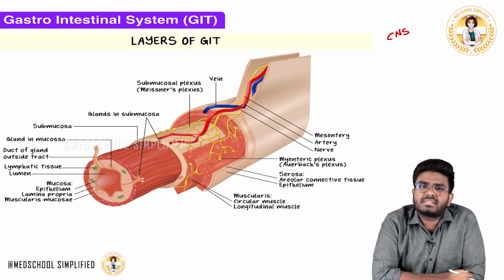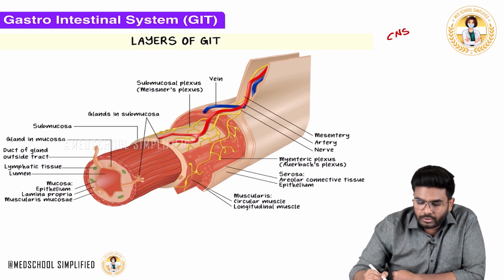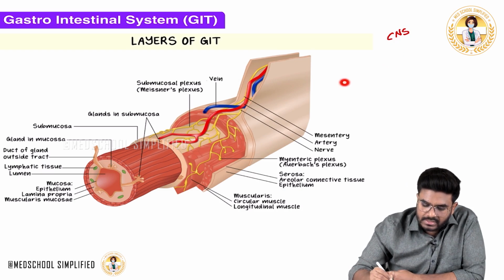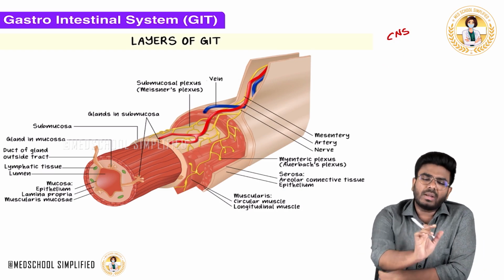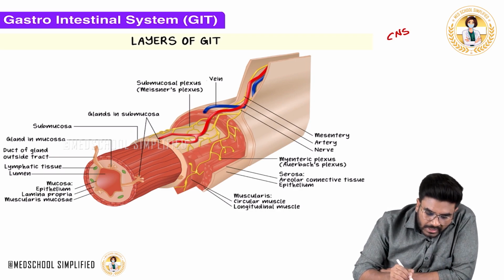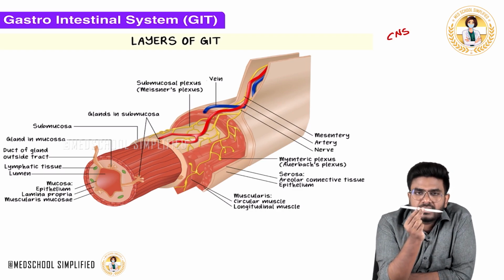Why am I saying this now? Because, for example, imagine there is a defect in neural crest cell migration. The neural crest cell is not migrating to one particular part of the GIT. Some neural crest cells are not coming. So what happened to that particular segment? Imagine this is the GIT, and to this GIT segment, neural crest cells are not coming.